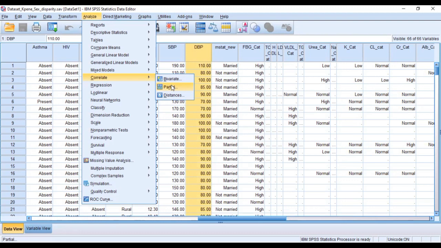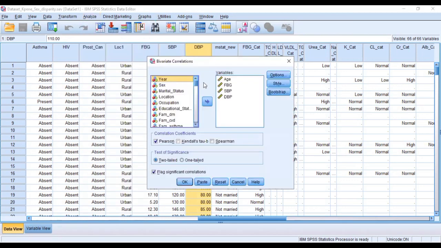And so in order to eliminate those factors in your association analysis, you want to control for them. In doing that, you need the partial option on the SPSS platform. So now let's just do the bivariate one.